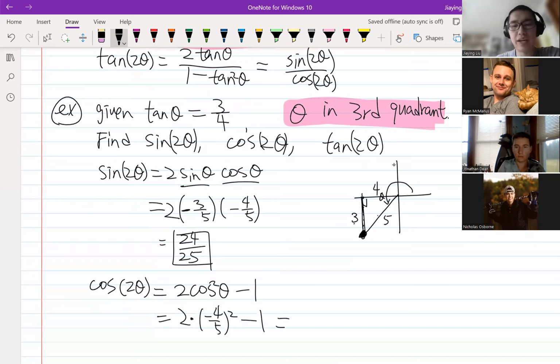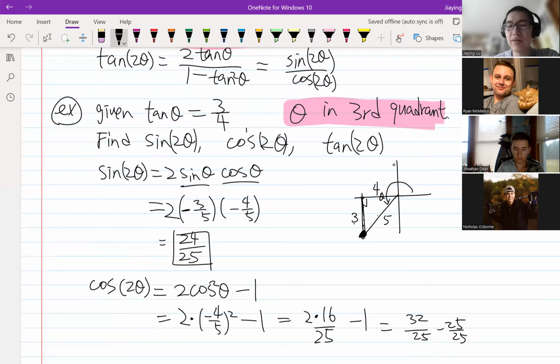So if we simplify everything correctly, we get 2 times 16/25 minus 1. So that's 32/25 minus 25/25. That's going to be 7/25.